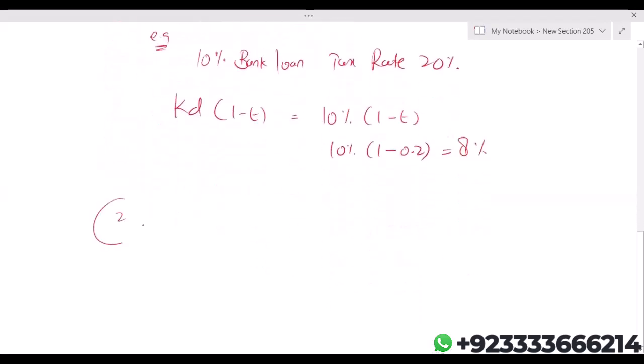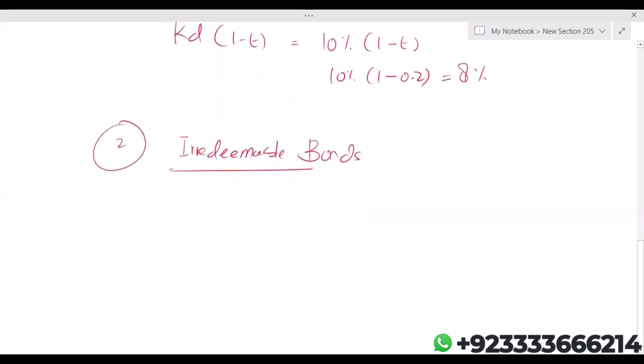Second, irredeemable bonds. Students, in case of irredeemable bonds, how do we calculate KD(1 minus T)? Simply, KD(1 minus T) is equal to I(1 minus tax rate) divided by P0, into 100.